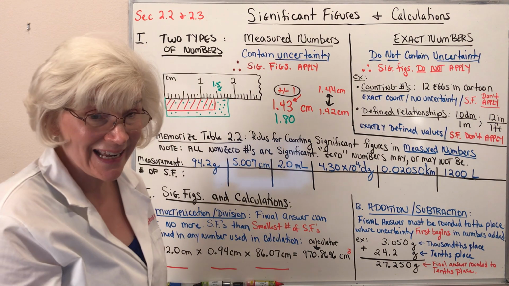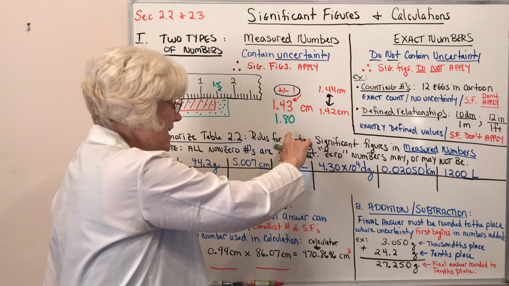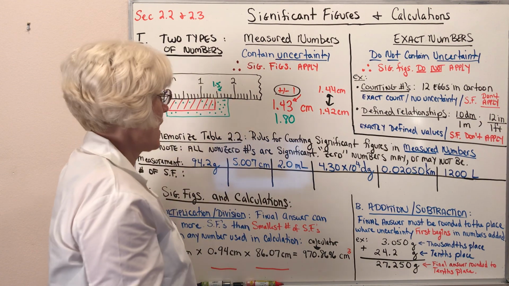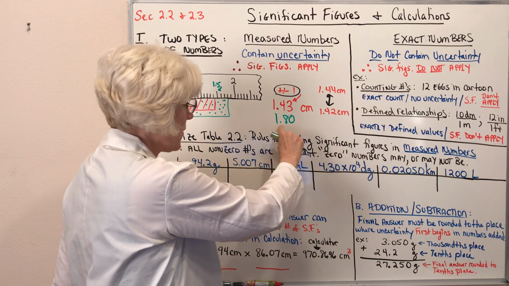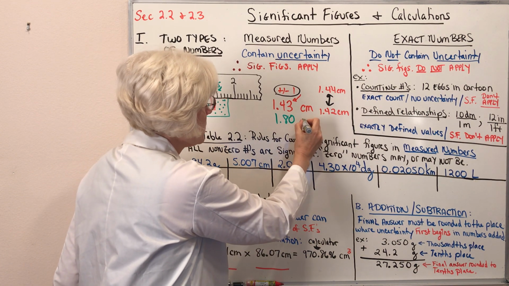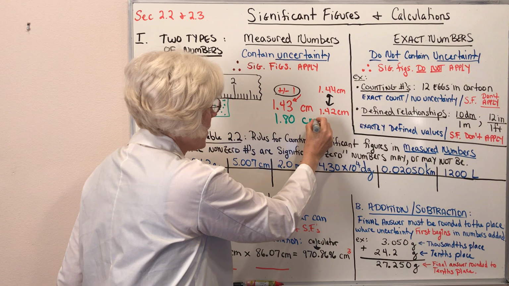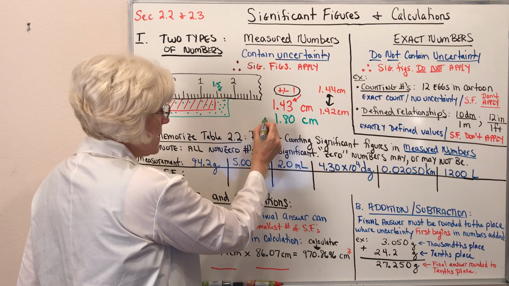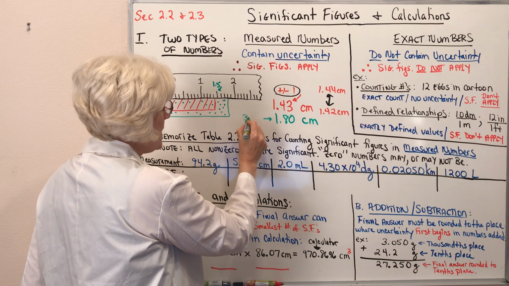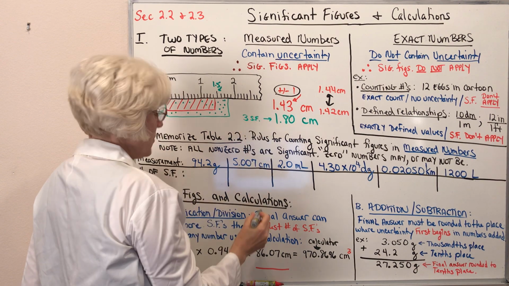So we need to add a 0 there to indicate exactly on the line, not extending past at all, and we are reading this value as 1.80 centimeters. Notice each of these numbers has 3 sig figs to it.